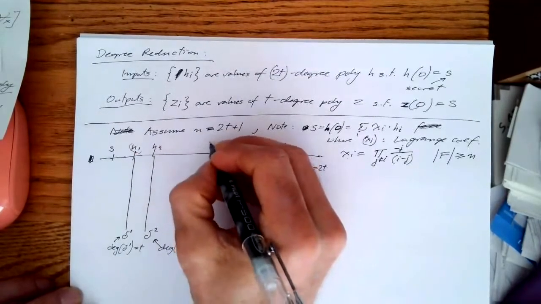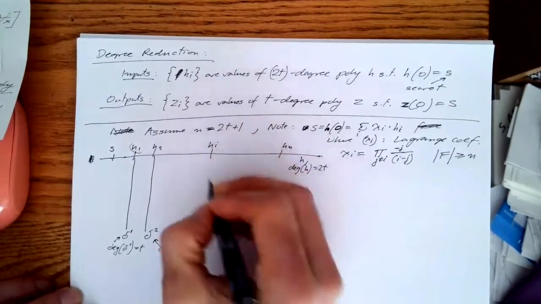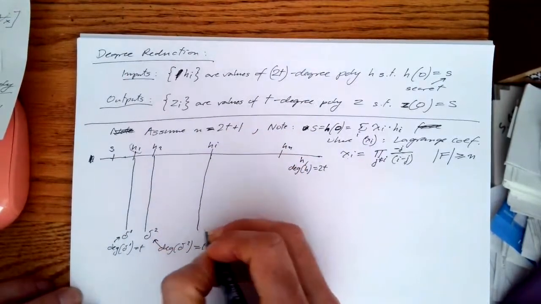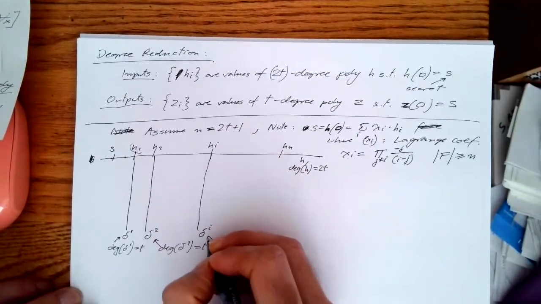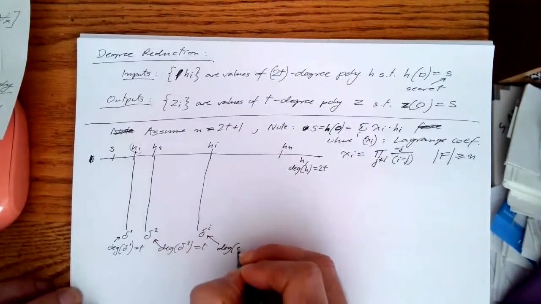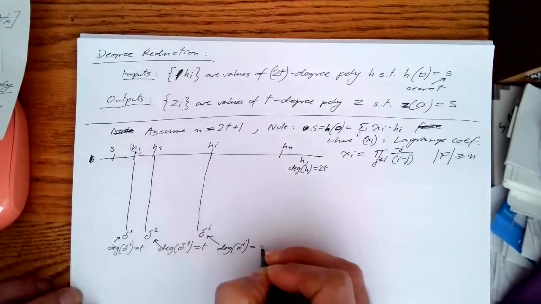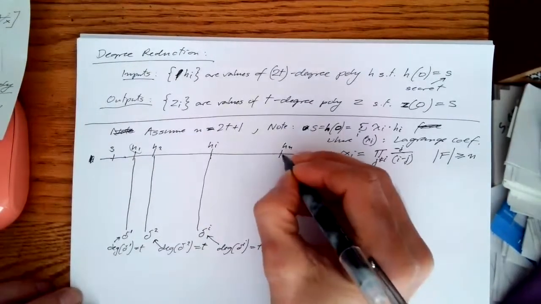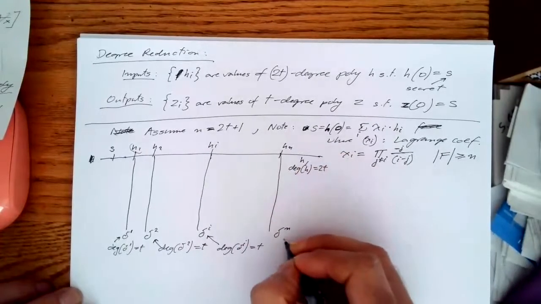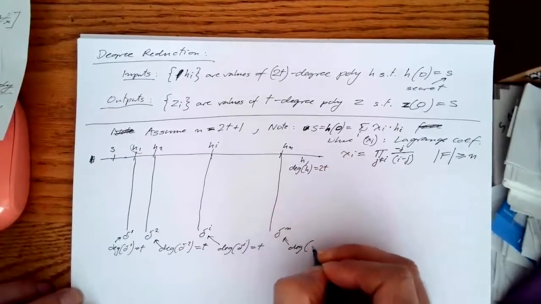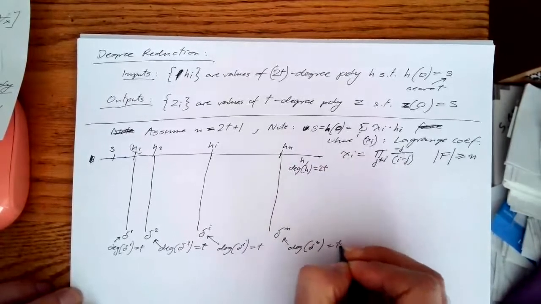So what does the player Pi do? He creates a polynomial delta i, and of course the degree is t. And the last player generates delta n, the degree is t.